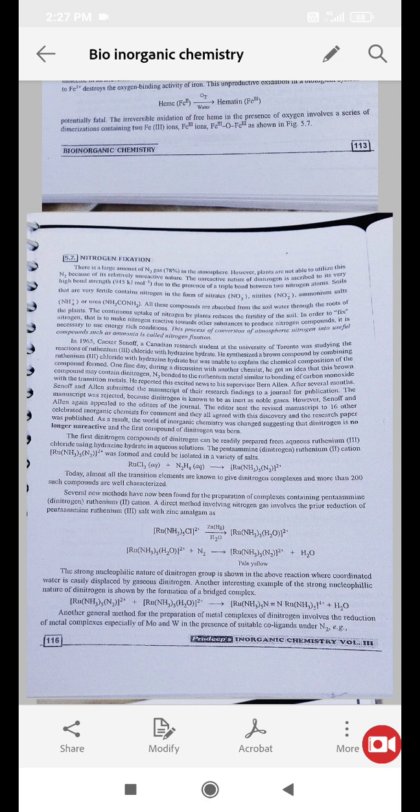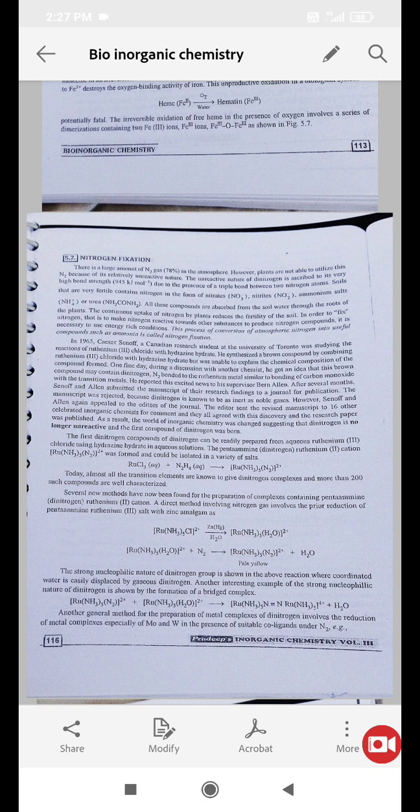After several months, Sinoff and Allen submitted the manuscript of their research findings to a journal for publication. The manuscript was rejected because dinitrogen is known to be as inert as noble gases. However, Sinoff and Allen again appealed to the editor of the journal.